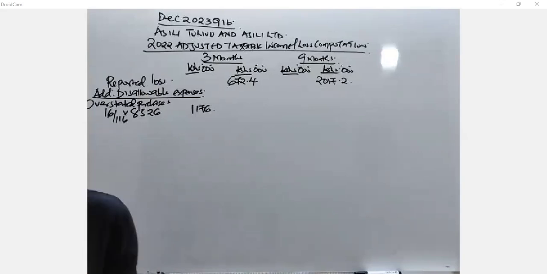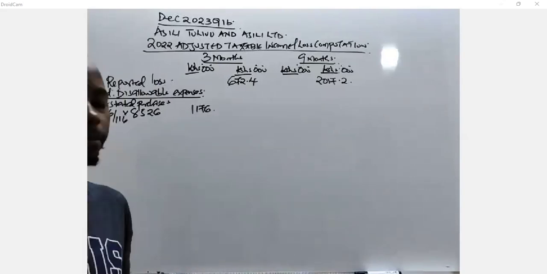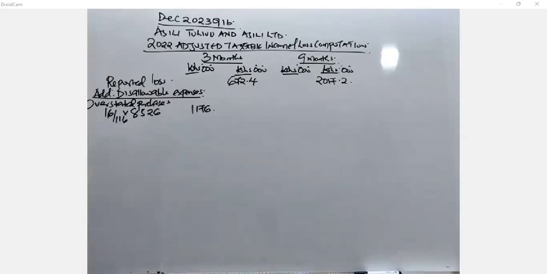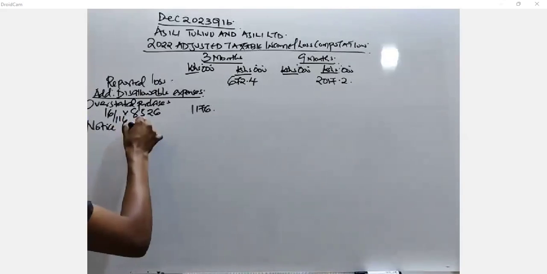Okay, so the partnership was converted. Let us go to number 5, where we are discussing the legal fees, and we look at the disallowable expenses. Number one, we start with the notice for change of name.